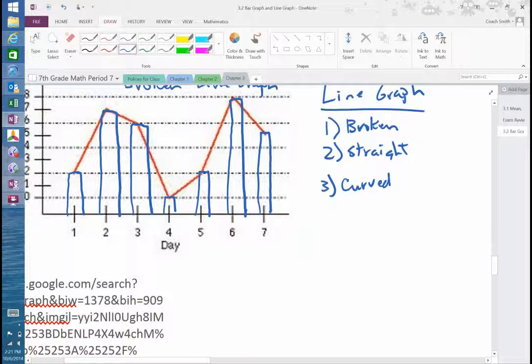So basically what a line graph is, they've just taken the bars, put a dot right in the middle of the top of the bar, put dots on each bar, then erase the bars and connect the dots. Okay, that's all they've done. So that's the difference between a bar and a line graph. There's not really that much of a difference.